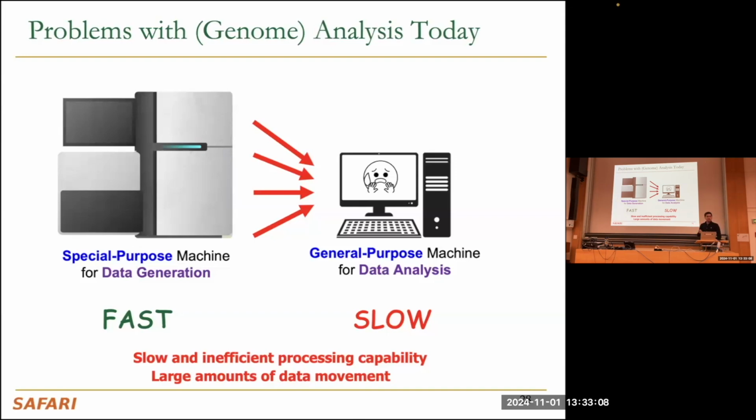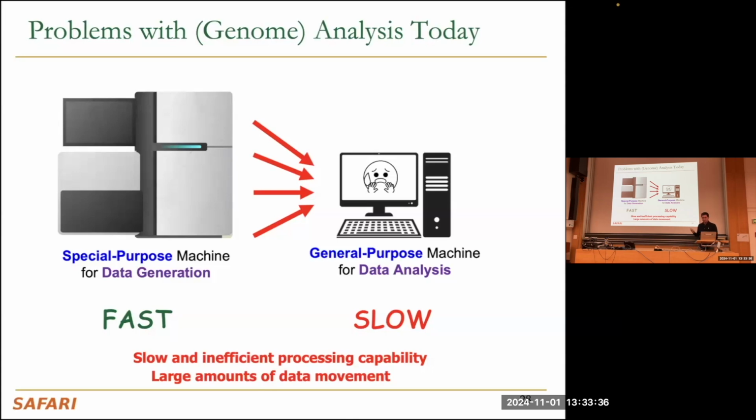But what we're doing is we're trying to analyze this data using these general purpose machines for data analysis. So this machine, as you can see, is pretty scared because it is slow, and it is scared because it doesn't know how to analyze this data in the best way, right? So that's why the data generation speed and the analysis needs do not necessarily always match with the hardware that we're using underneath it.